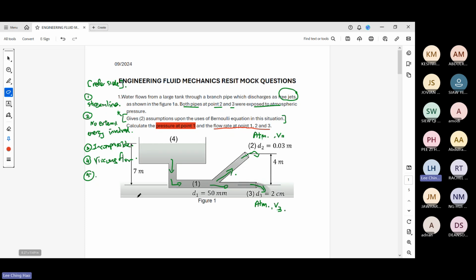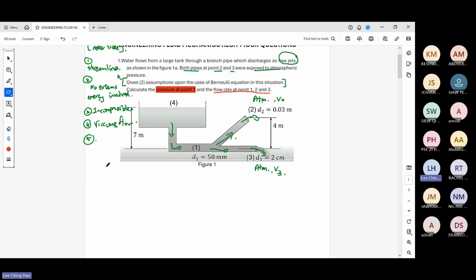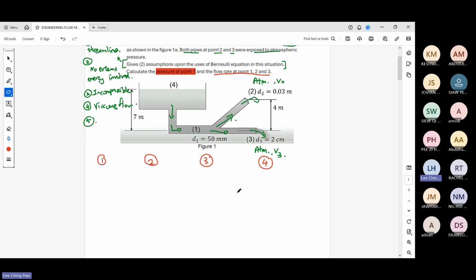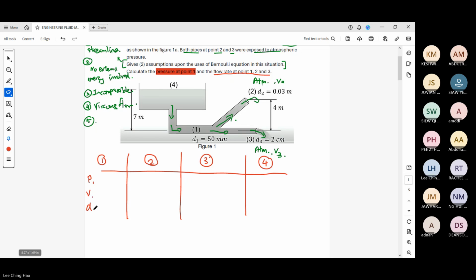First of all, since it's Bernoulli, you have points 1, 2, 3, and 4. So state out all the things that you know: pressure, velocity, and height.